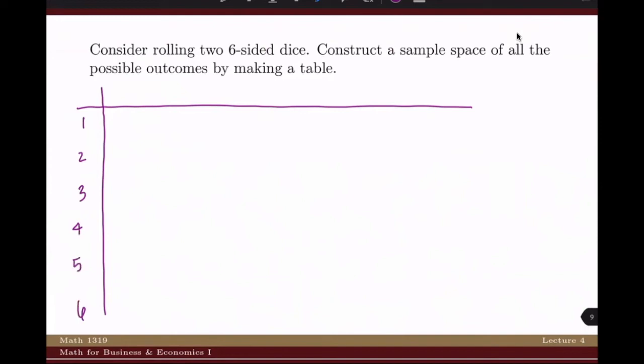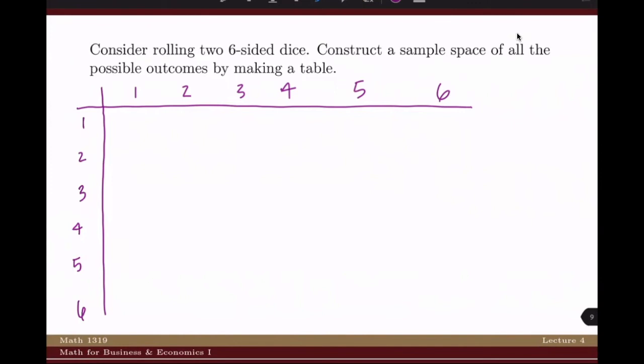Similarly, 1, 2, 3, 4, 5, 6 up here as well. Because when I roll the first die, I have options 1 through 6, and then when I roll the second die, I also have options 1 through 6.